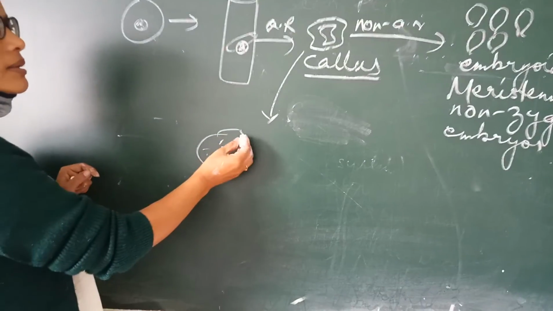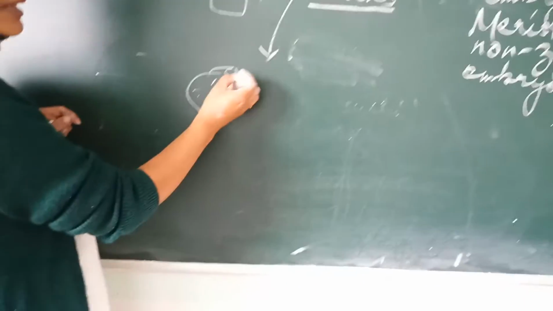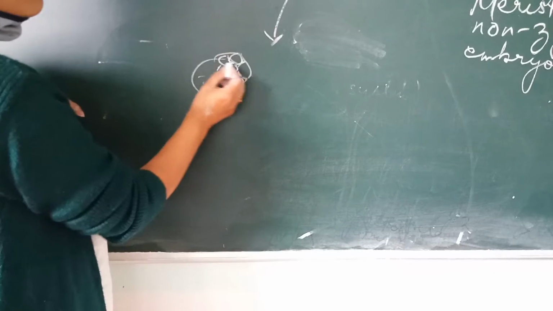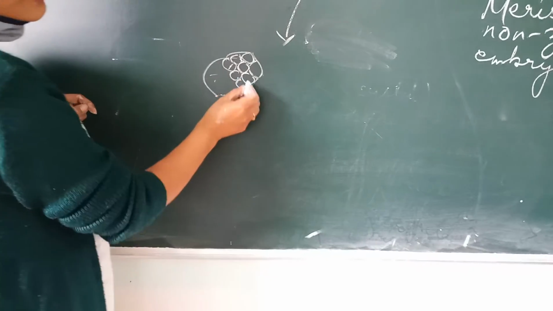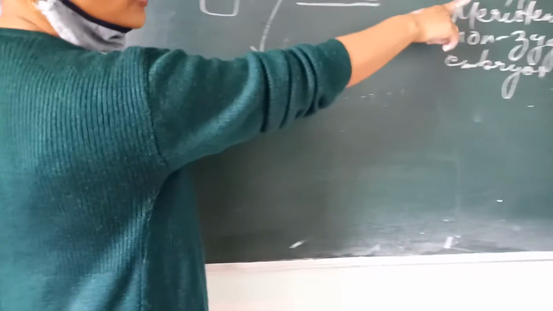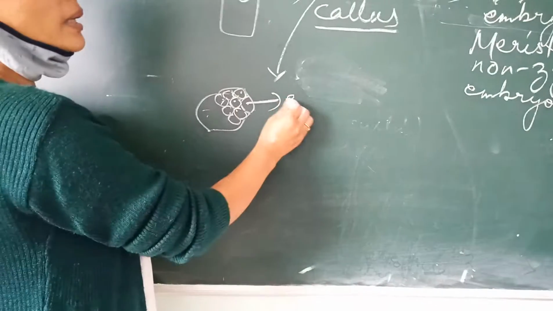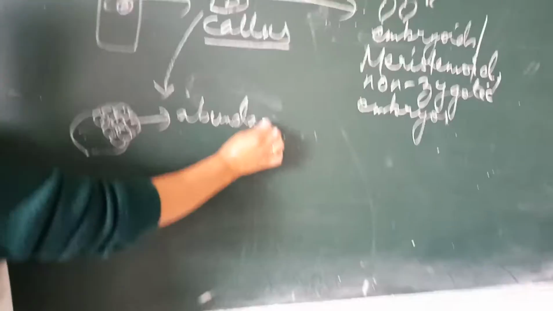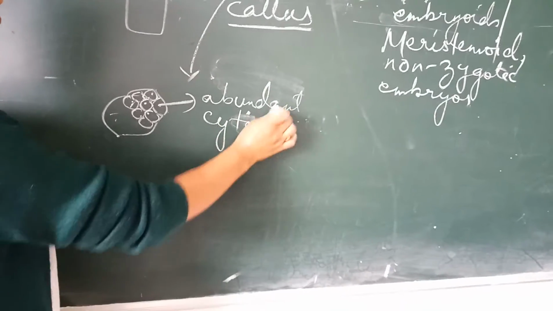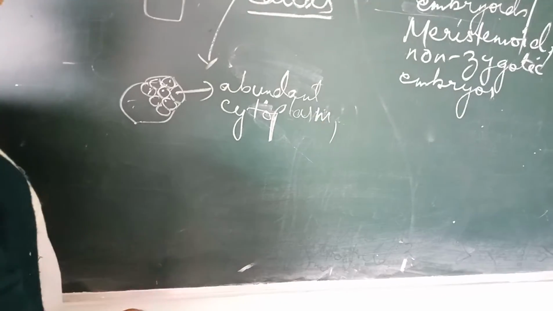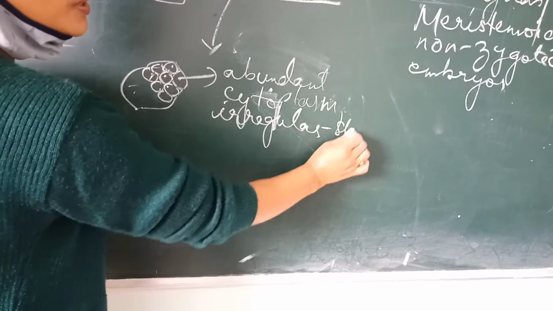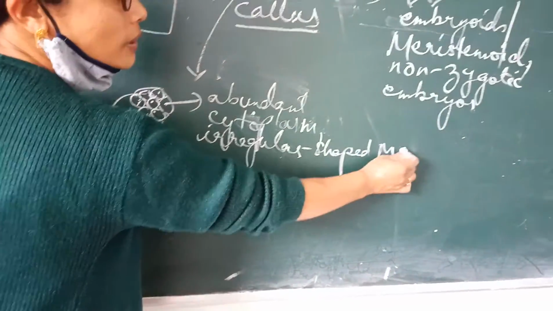has cells inside it, a group of cells. If these cells are to give rise to embryos, then they will contain abundant cytoplasm. They will have irregular shaped mitochondria.